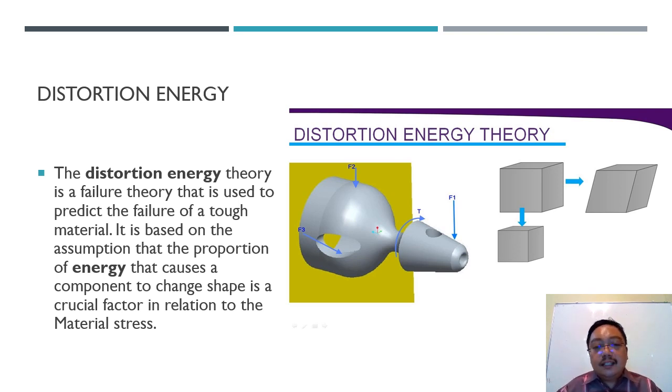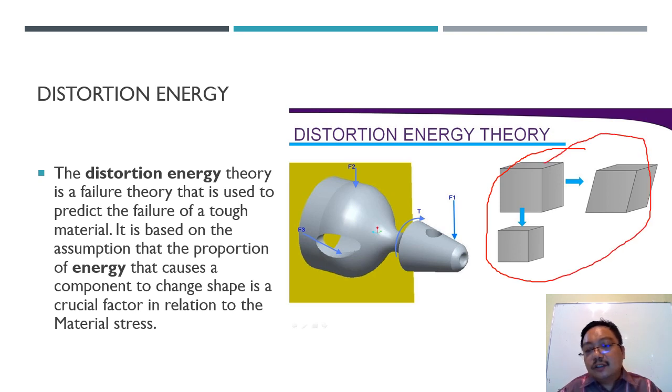You see this picture I took from Google, presented by the distortion theory. This is the box. When I put my force here, the box will distort like this. This is called distortion.